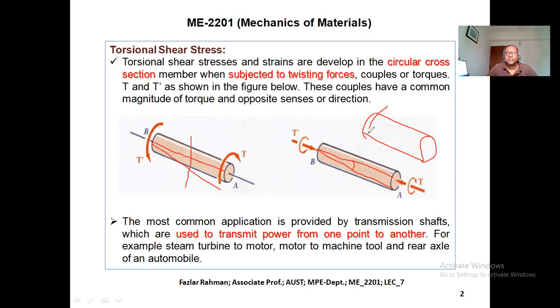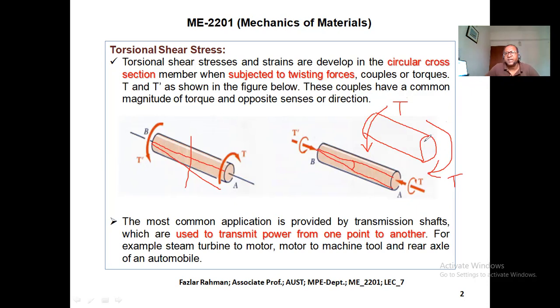So your left side torque is this one, anti-clockwise, right? So right over here, he will try to resist. So this is anti-clockwise. Over here, torque will be clockwise. But this torque you cannot see from the outside.